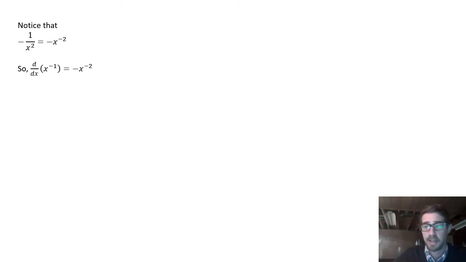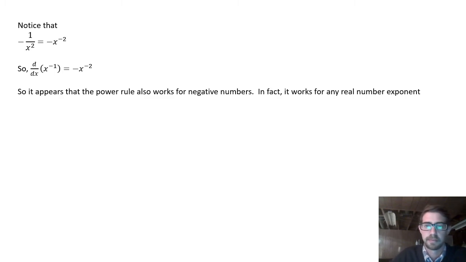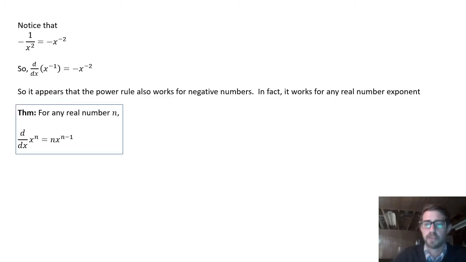And it is. So, reveal: the power rule just works for any exponent, no matter what, even negative exponents. So there it is, for any real number n. It could be negative, fractional, it could be an irrational number even. The power rule just works.